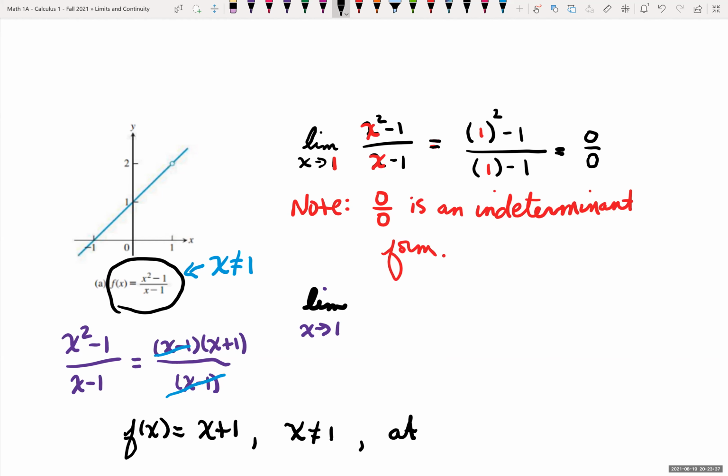And really, when x is 1, if I plug in 1 here to this new function I had, just x plus 1, then I would have a value of 2. So at that point, 1 comma 2, there's a hole in the graph.